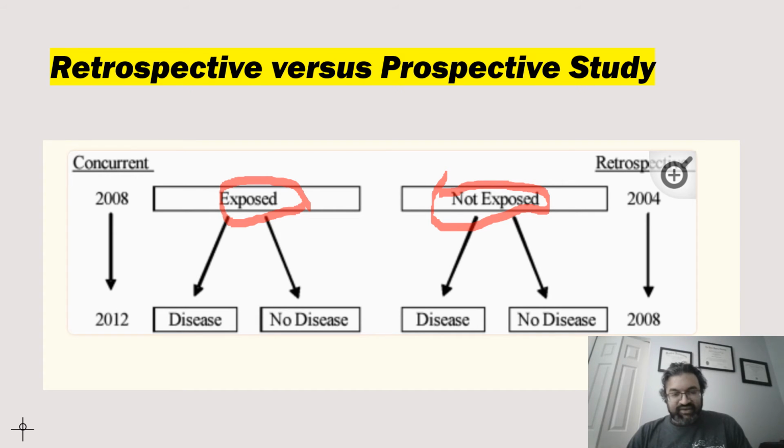Retrospective, again, you start with some sort of exposure and then see if the individuals had the disease or didn't have the disease. You do the same thing starting with the not exposed and then going into disease versus no disease. Again, these are going back in time, and there's nothing to control or change because you're just studying what diseases might have gone with the exposure or non-exposure, and by that you can discern and understand the relationship.